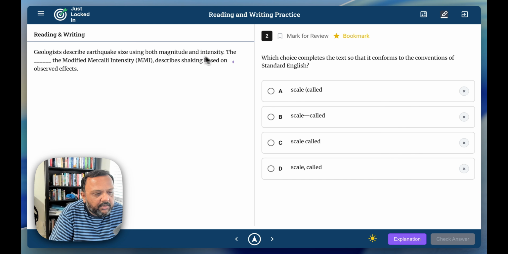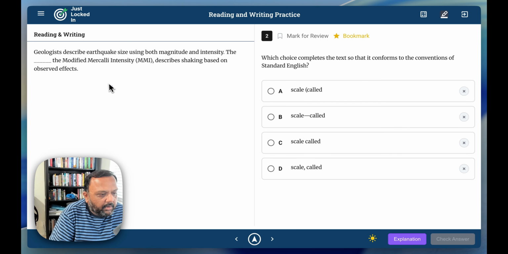So there is a scale that uses both magnitude and intensity. Now, the scale called the modified Mercalli intensity, that is supplementary information, because that tells you more about the scale, essentially saying what it is called.